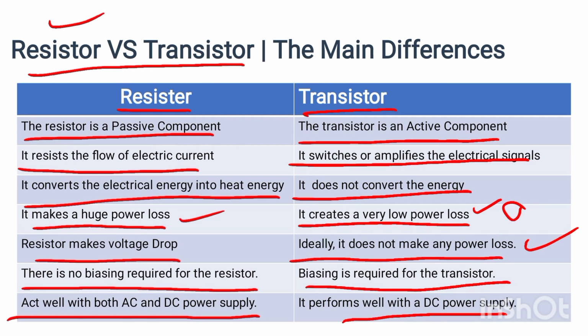We know electronic components only operate on DC. A transistor is a pure electronic component, whereas a resistor is used in both electronics as well as electricals. So a resistor operates on both AC and DC, whereas a transistor operates only on a DC power supply.